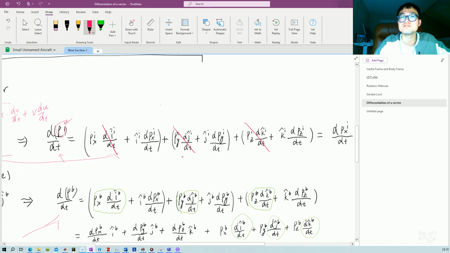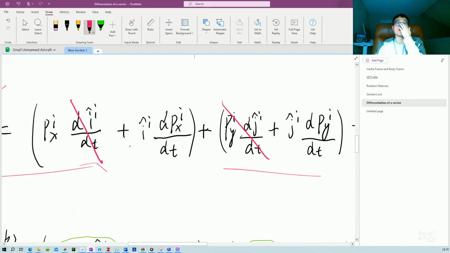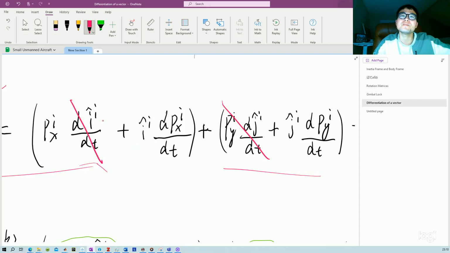Similarly, we have the y-axis and z-axis. Interestingly, the inertia frame doesn't move.